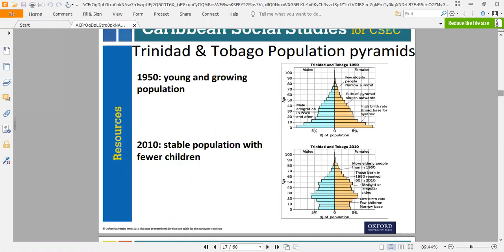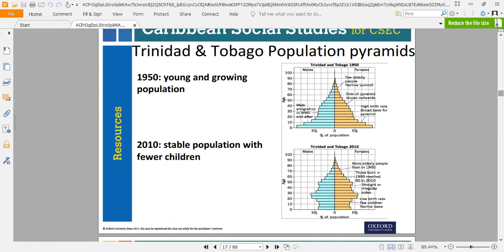Or what we describe as the labor force. Once we touch 45 and over, we recognize that the population, in terms of the large number, begins to depreciate, or it begins to get lower, right? So we realize that the population is young and growing.